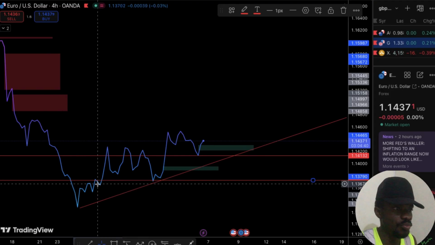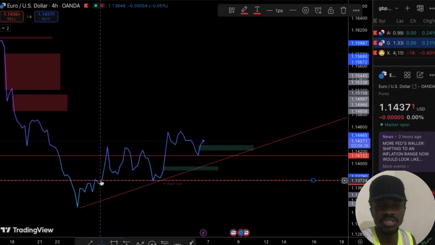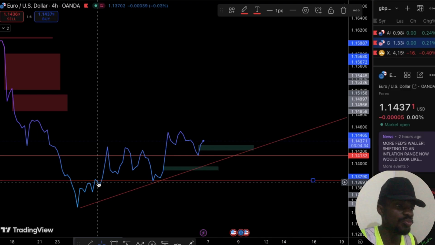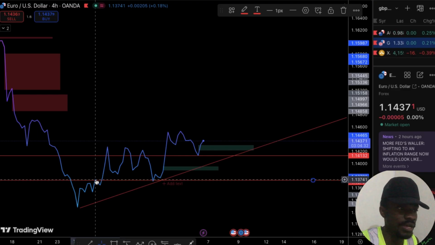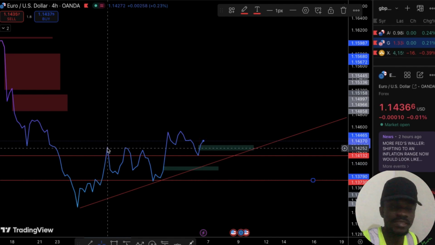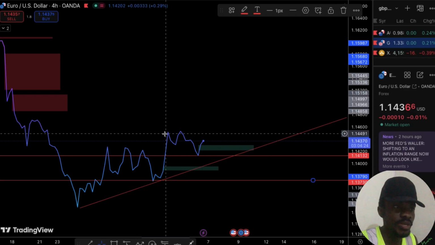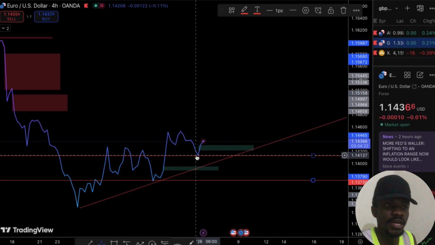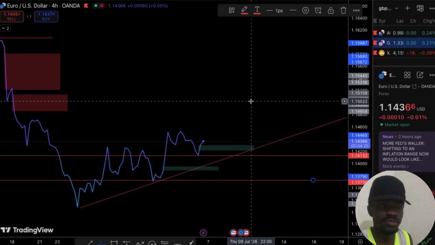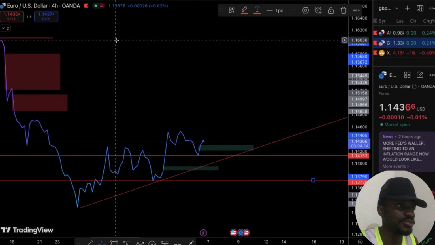As you can see, we broke this resistance here. It's not much of a resistance, but we broke the previous higher high, and then we made another higher high. Then we created a higher low here. We made another higher high, created a higher low here, and the market is still moving. That is how I mark this. I use these as the entries.